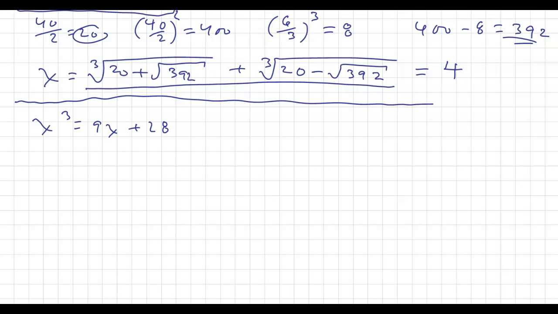Now, the trick to this is to say, well, rather than solve for x, let me just split x up into two pieces, which I'll call a and b, and maybe there'll be some way of getting a and b separately and then combining them to get the x. Well, if x equals a plus b, then x cubed equals (a plus b) cubed.